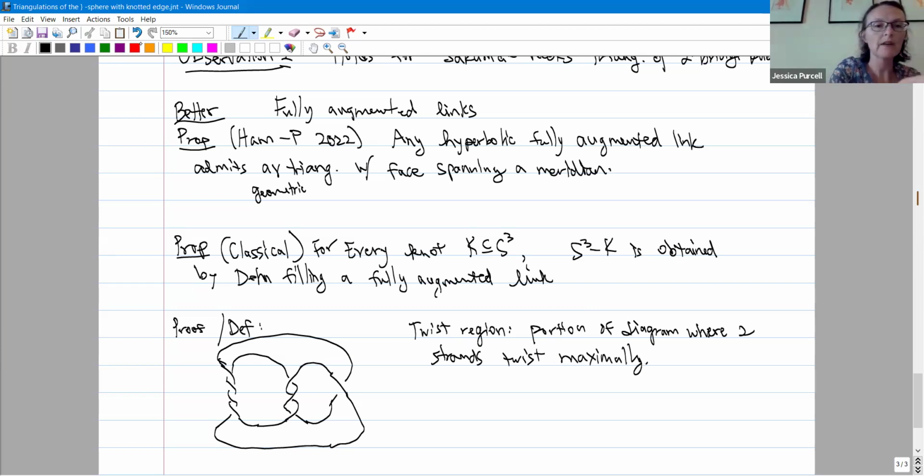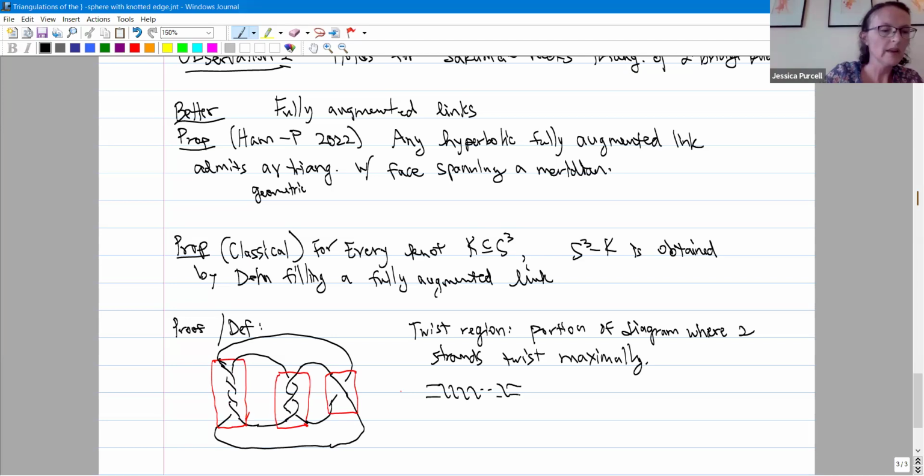In this picture there are three twist regions. Here we've got two strands forming 1, 2, 3, 4 crossings. Here they're forming 3 crossings. This is another twist region. This is just a single crossing, but it can't be joined to any other crossings in a twist. So, okay, you've found all of your twist regions.